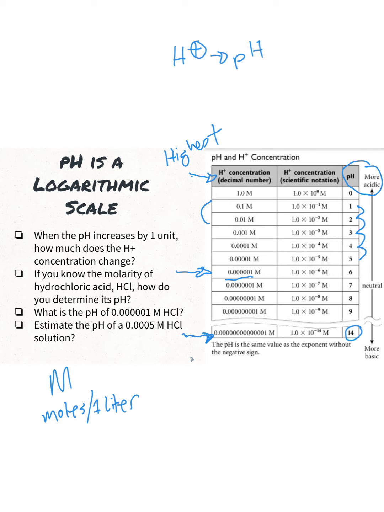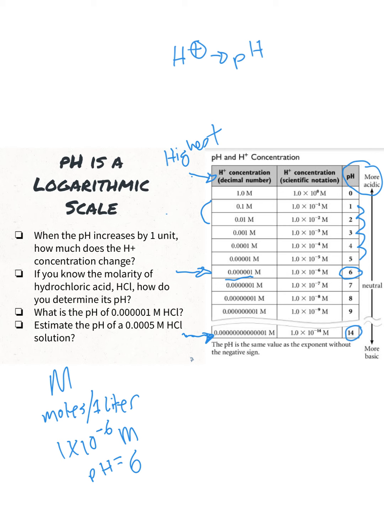The positive sign of that negative exponent gives you that pH number right there. Okay, so if we know that our hydrochloric acid is 1 times 10 to the negative 6 molar, then we know its pH is going to be equal to 6.